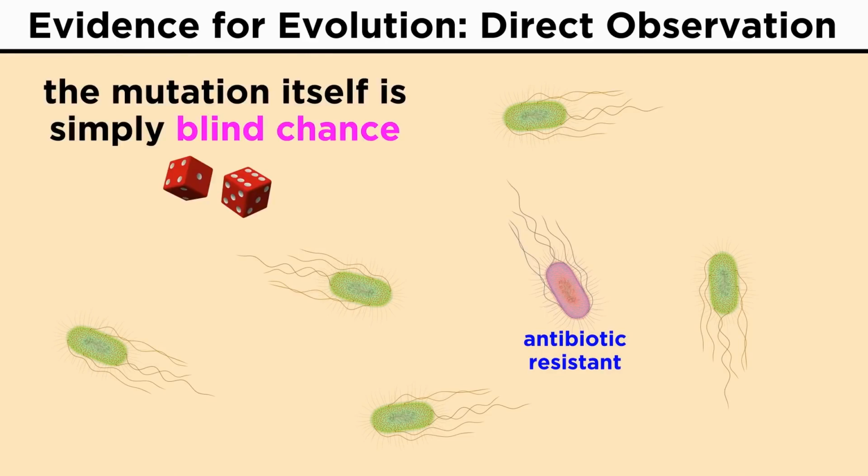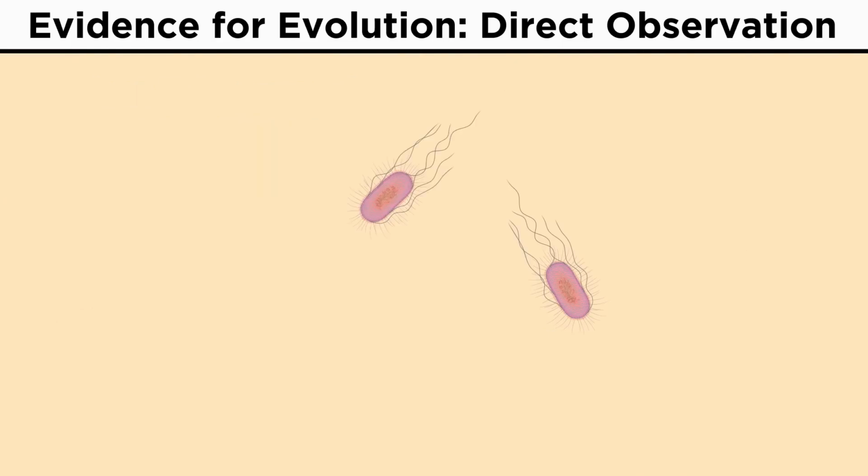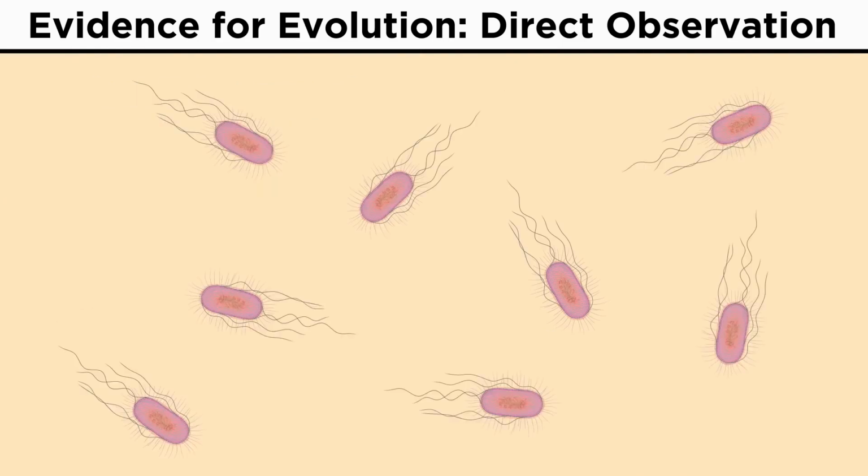The resistance is not a product of evolution. This comes about by blind chance, but the proliferation of the resistance is indeed a product of natural selection, as the lone resistant bacterium won't be killed by the drug, while the other bacteria will. So eventually, all the bacteria in that vicinity will be descendants of the initial mutant and thus also resistant to the drug.